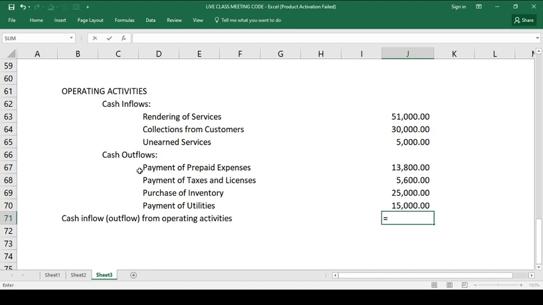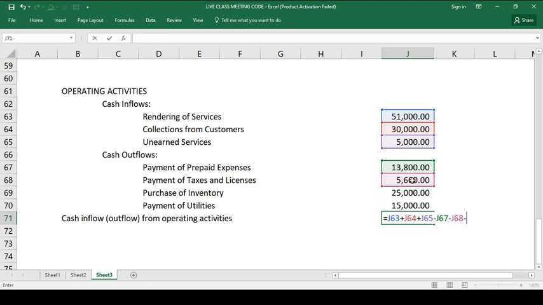Paano natin kukumputin? I-deduct lang natin. I-add muna lahat ng cash inflows. 51,000 plus 30,000, plus the 5,000. Minus the 13,800. Minus the 5,600.